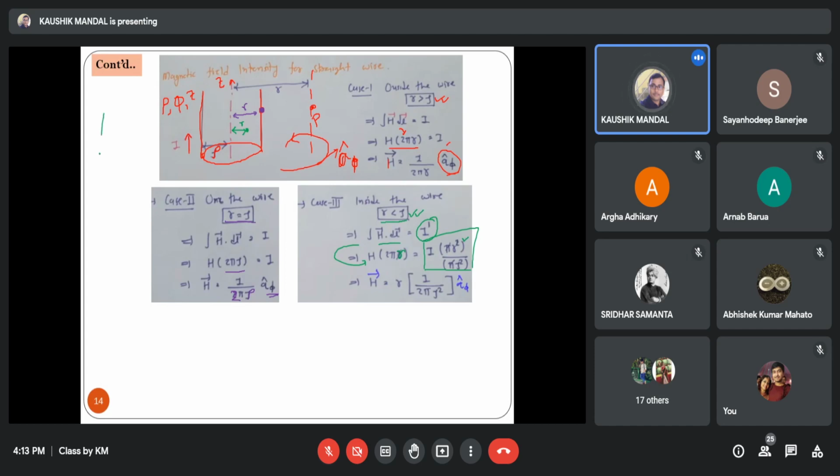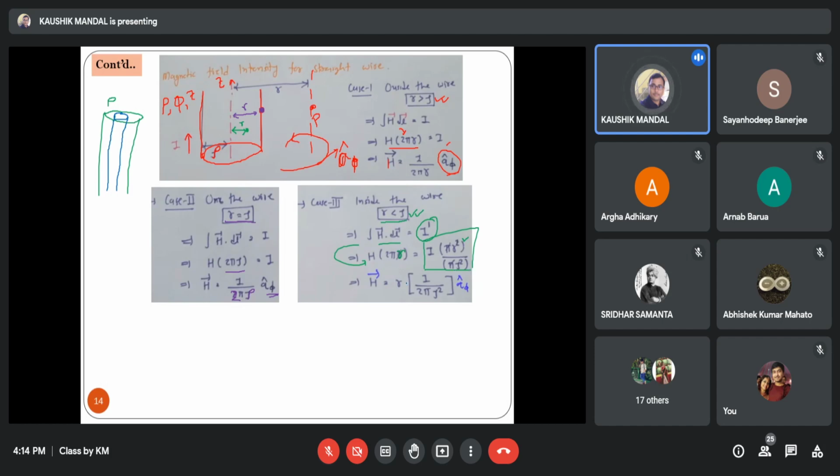We are basically considering two concentric cylinders. The radius of the actual conducting wire is rho. As the test point is within the actual conducting wire, we are considering another concentric cylindrical wire whose radius is r. So I dash will be equal to I into pi r square by pi rho square.